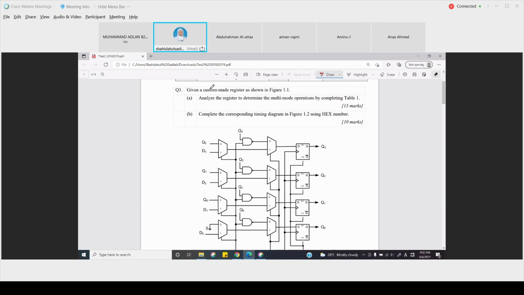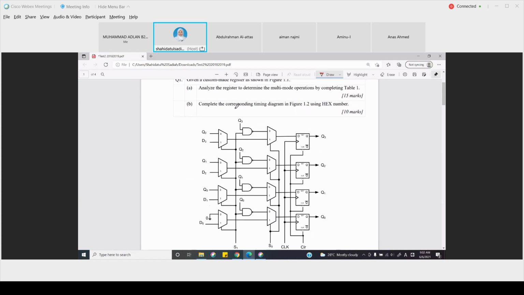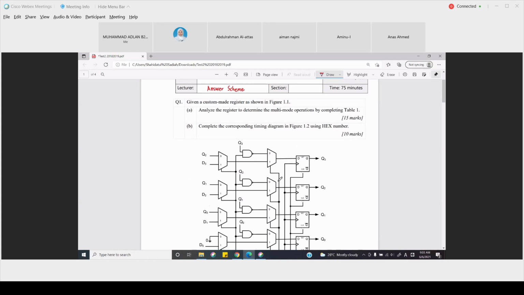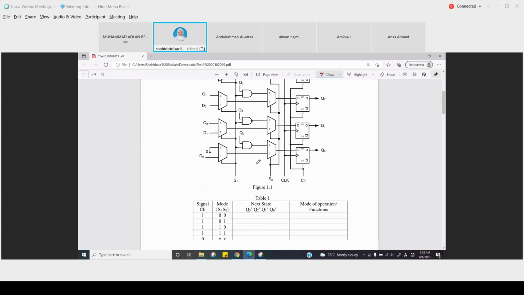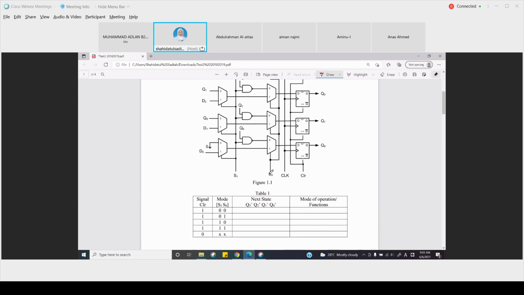Question 1 says, given a custom made register as shown in figure 1.1. So this is the custom made register. Analyze the register to determine the multi-mode operation by completing table 1. This register has 4 modes from inputs S1 and S0 here.